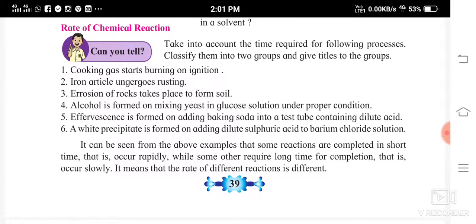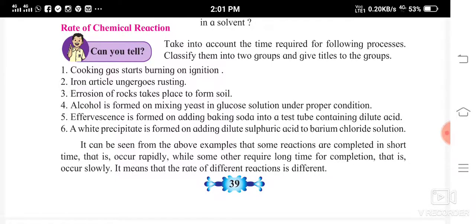Iron article undergoes rusting. This is going to take a long time. Immediately it's not going to take place, right? Slowly rusting takes place. Erosion of rocks takes place to form soil. Yes, the erosion also takes place slowly. It doesn't occur very fast. Alcohol is formed on mixing yeast in glucose solution under proper conditions.